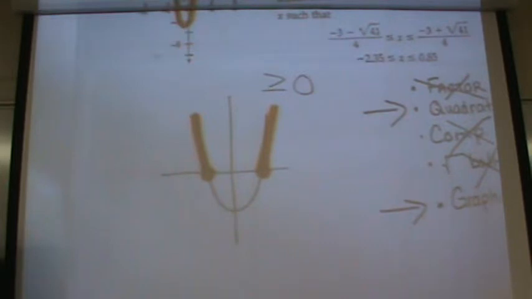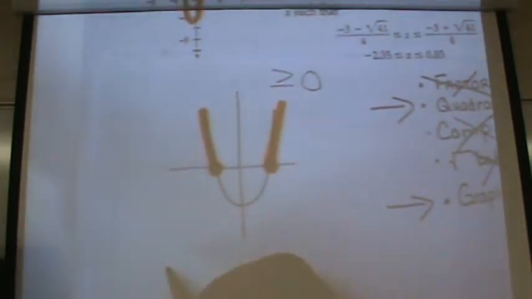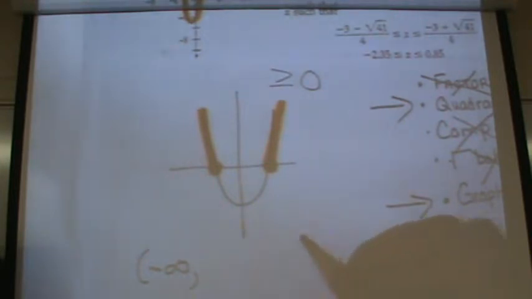Does anyone think they know how to write that answer in interval notation? I'll start you off, negative infinity, negative 2.35, bracket, and then you need bracket, 0.85, infinity. Excellent.